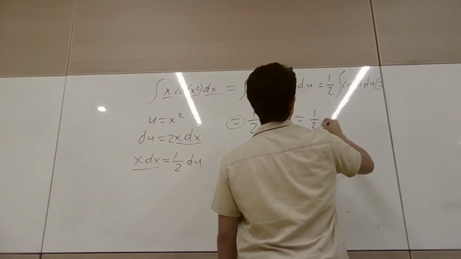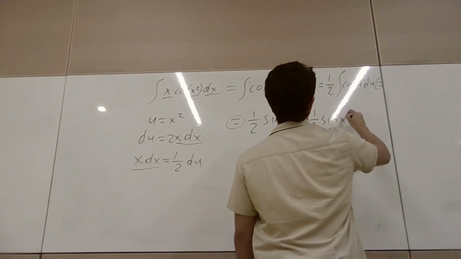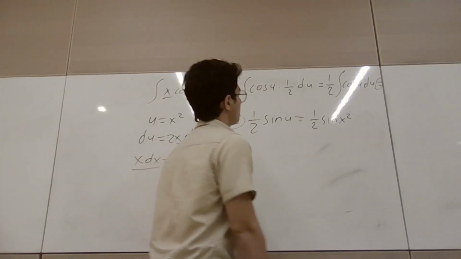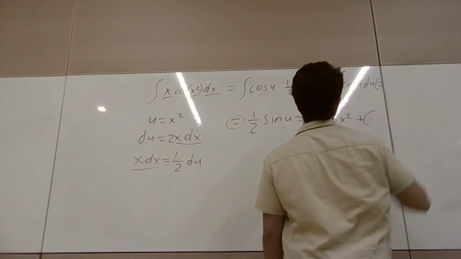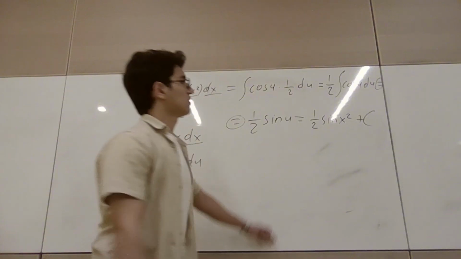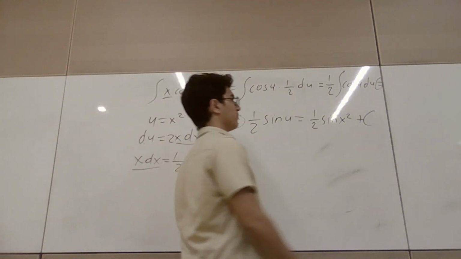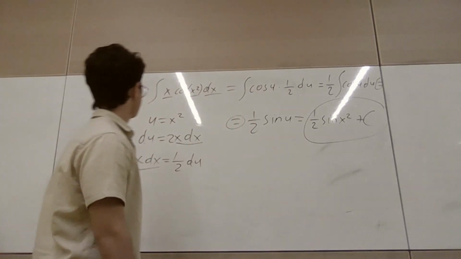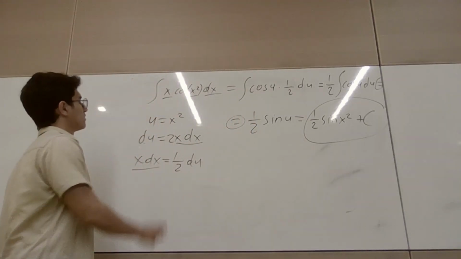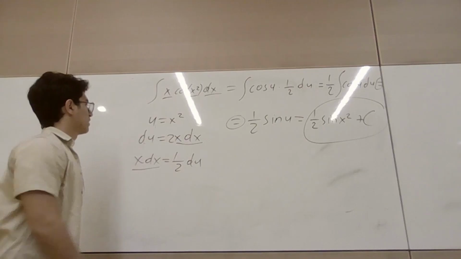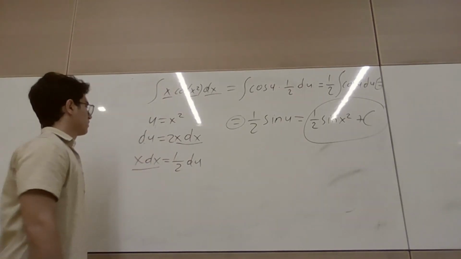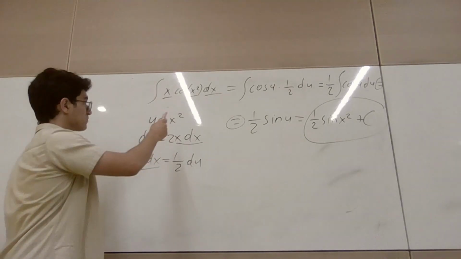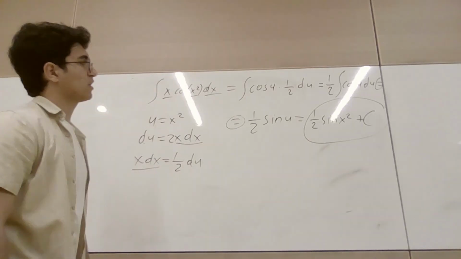It's 1/2 sine x squared, plus c, of course; I forgot, but don't forget c. So this is our answer. What we did: we picked u and then found du, and then substituted, found the integral, and plugged x back.